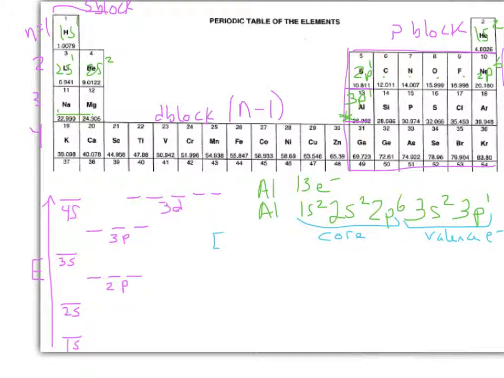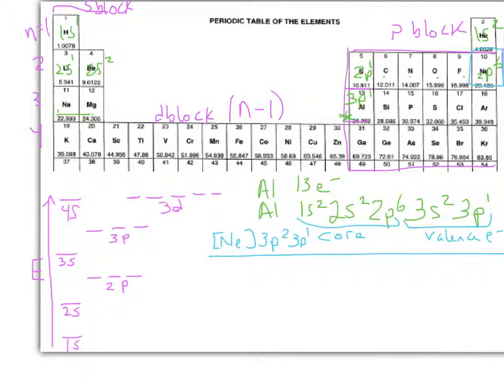The previous noble gas to aluminum is neon, so we can write the core electrons that way and then just write our valence electrons. So that is aluminum.